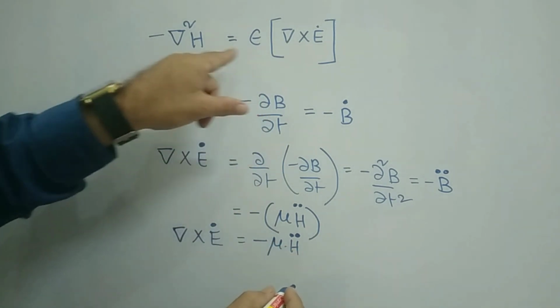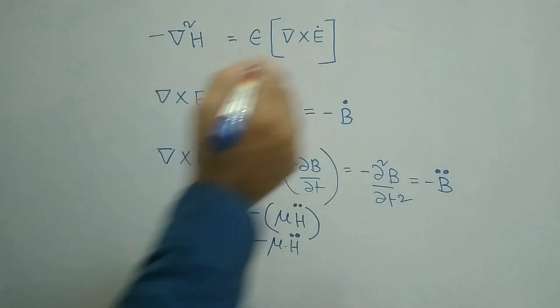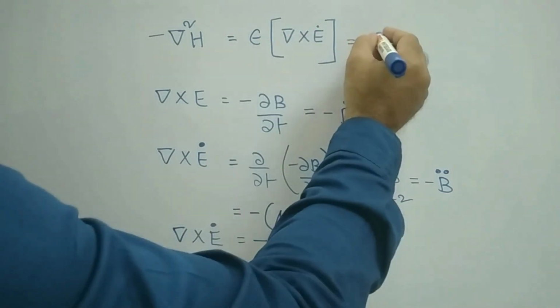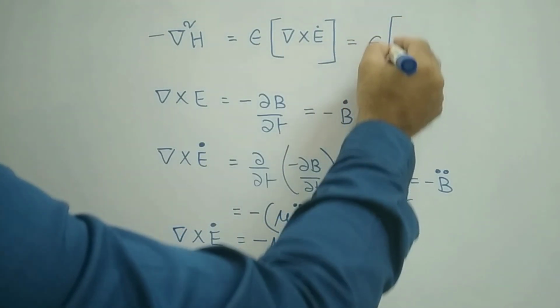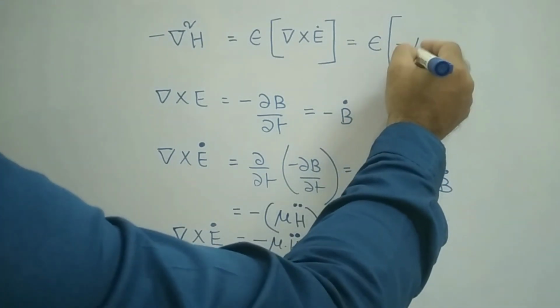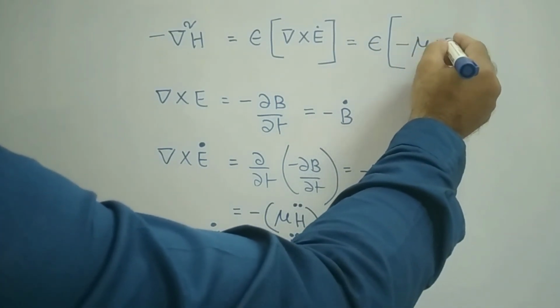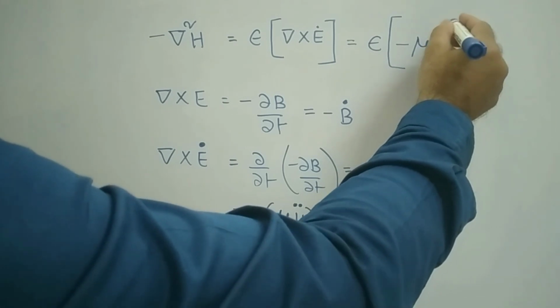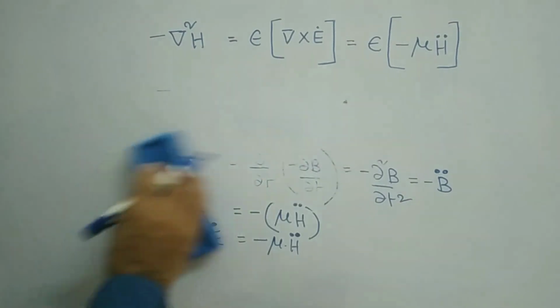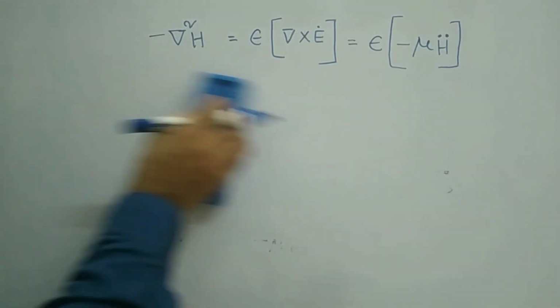Substitute this value in this particular expression. Epsilon is already there outside. Therefore, del cross E dot is nothing but minus mu of H double dot. Clear? And there is one more simplification.